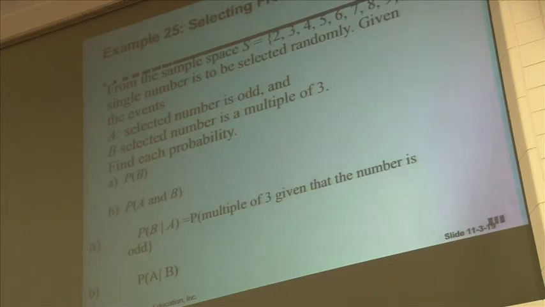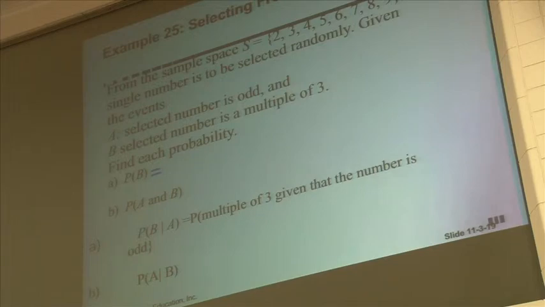We have a sample space: 2, 3, 4, 5, 6, 7, 8, 9. A single number is chosen at random, and we have two events. Part A, the selected number is odd, and part B, the selected number is a multiple of 3. All right, so this kind of builds up towards the last bit. What's the probability of drawing a multiple of 3 from that sample set?